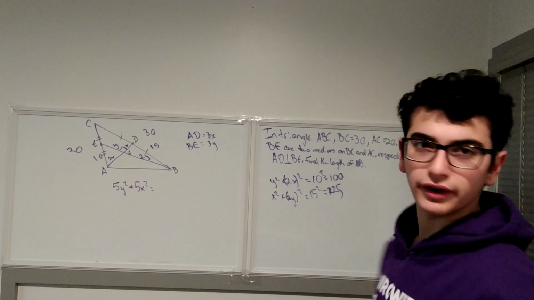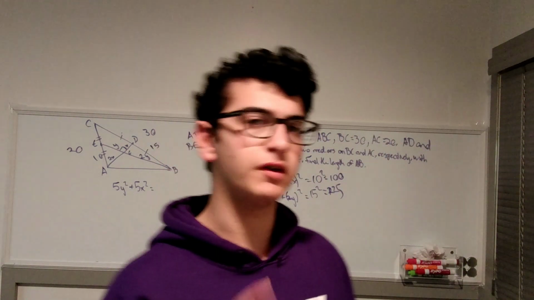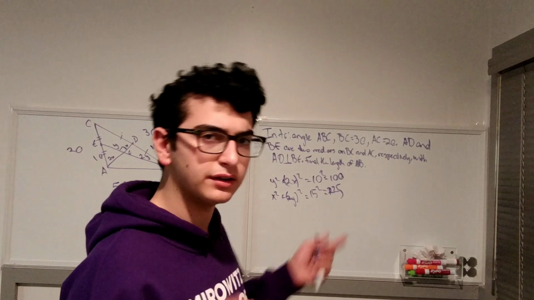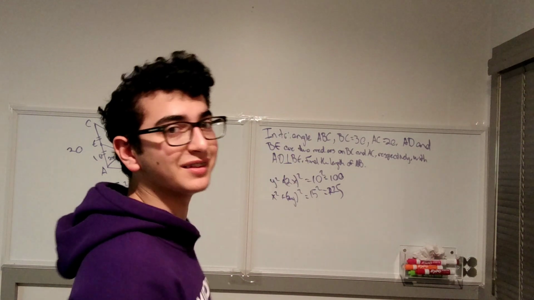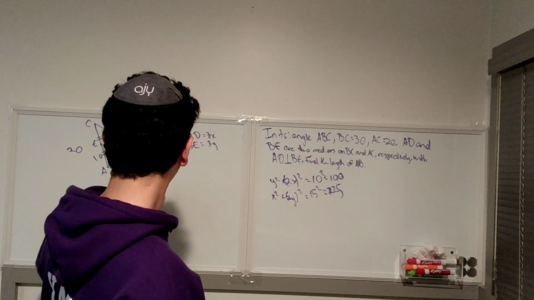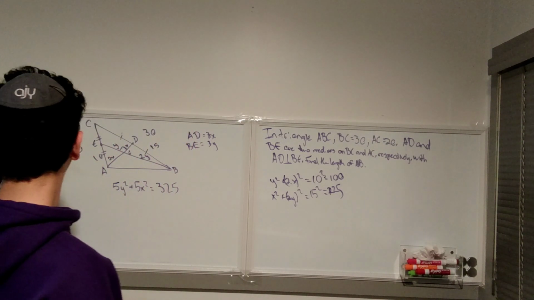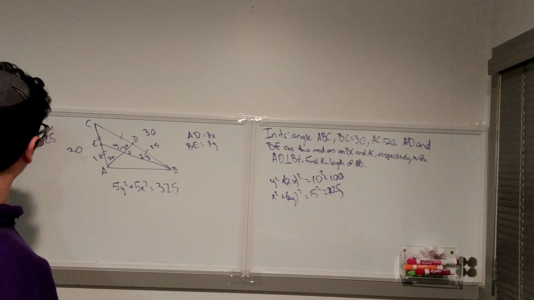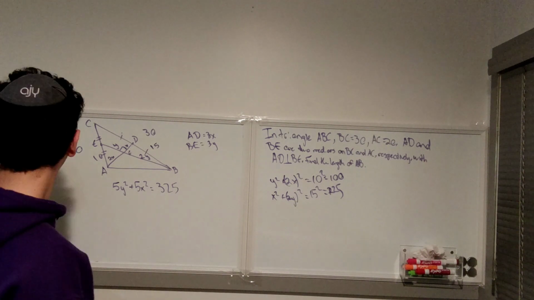So now we divide by 5, 325 divided by 5, just so that we can get the plain x and y squared terms.